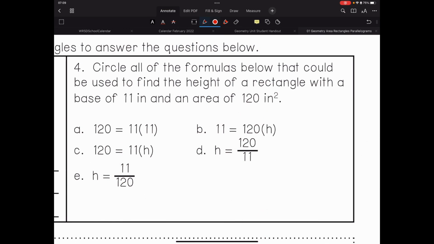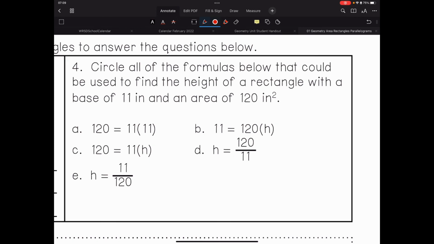In the next question, we're asked to circle all of the formulas below that could be used to find the height of a rectangle with a base of 11 inches and an area of 120 inches squared. So I'm just going to go through and underline my important information. So I'm finding the height. The height is something we don't know.